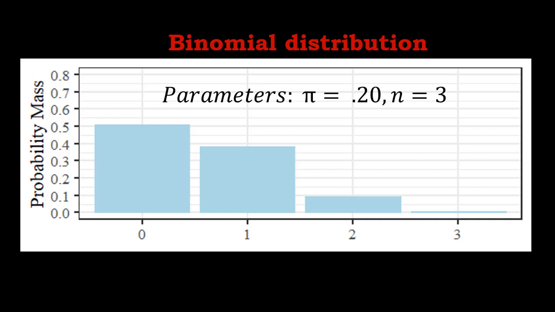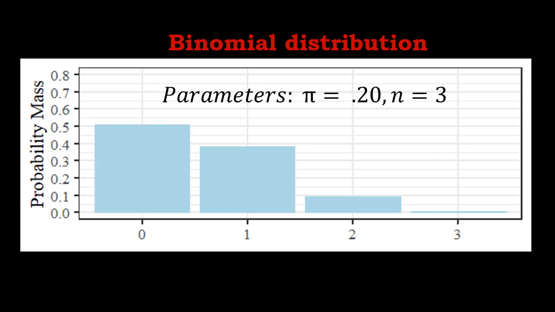So we can see that if the probability of success, or the probability of landing in region 1, is 0.20, and we have 3 trials or 3 drone landings, then the probability that none of these landings or none of these trials is a success is a bit more than 0.5.